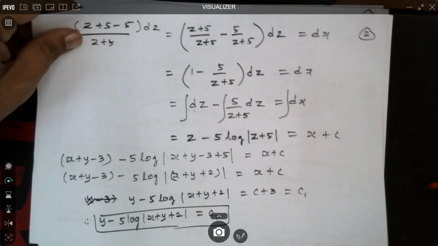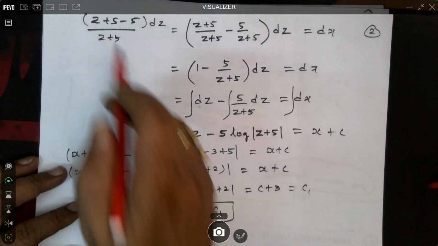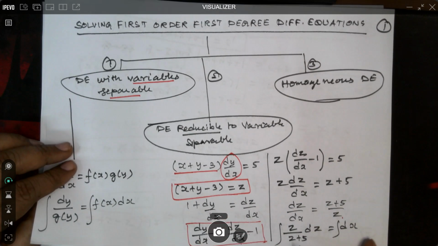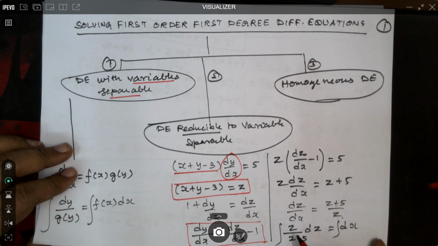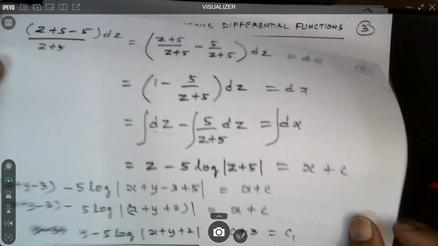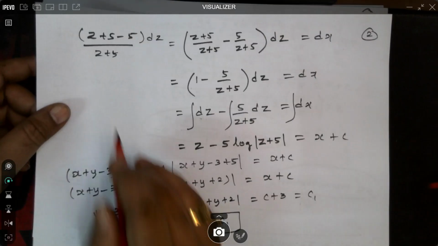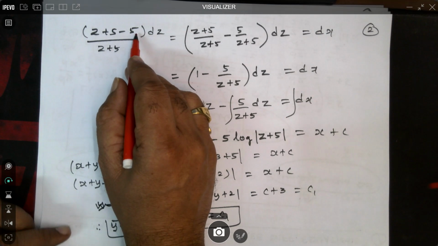Next. Now we have z plus 5, so we'll do one thing. Here we have z plus 5 over z and dz, so the integral of this one and dx. In order to integrate this, we can add 5 and subtract 5.